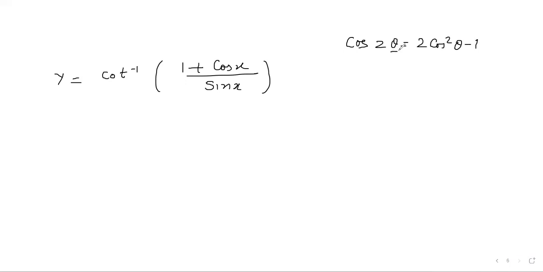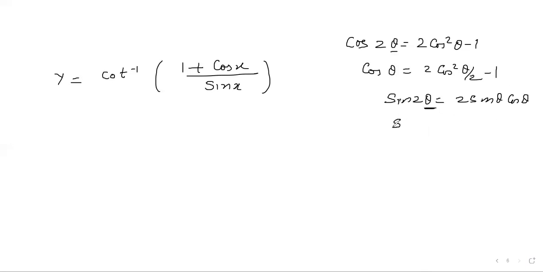So if we put theta as theta by 2, we get cos theta equal to 2 cos square (theta by 2) minus 1. Similarly, sine 2 theta equal to 2 sine theta cos theta. If we replace theta by theta by 2, then this will become sine theta equal to 2 sine (theta by 2) cos (theta by 2). So we can put these values here.